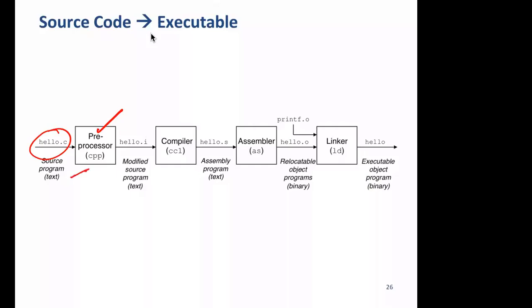Okay, then source code is still in C. Then you compile it, and internally it first becomes an assembly language program.